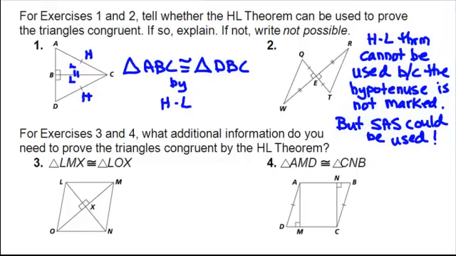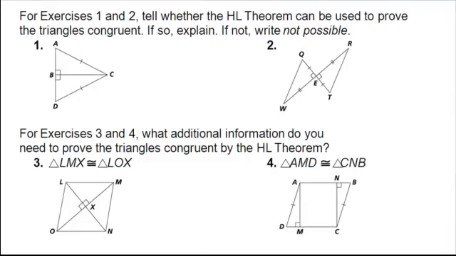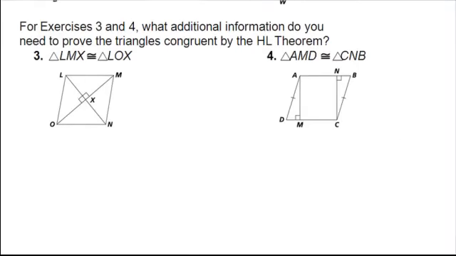Okay, let's finish with exercises 3 and 4. The directions say, what additional information do you need to prove the triangles are congruent by the HL theorem? So let me clear this ink and move it up. And these will be our last two examples, and you guys can work on your assignments. Okay, I want to prove triangle LMX.